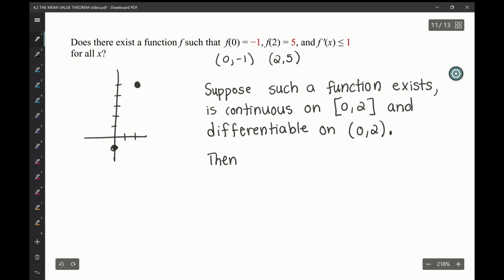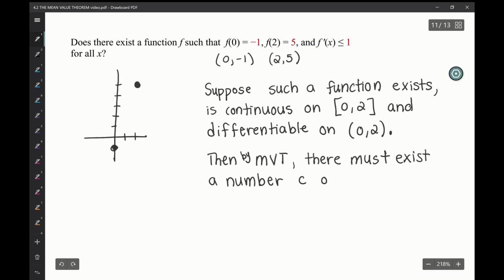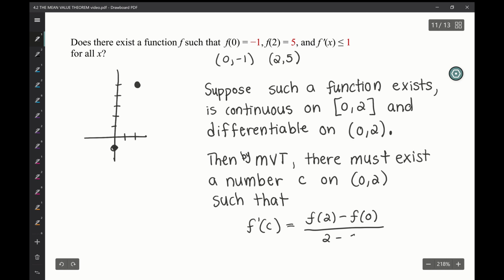So since it's continuous and it's differentiable, then by the mean value theorem, there must exist a number c on the interval from 0 to 2 such that f prime of c is equal to f of 2 minus f of 0 all over 2 minus 0.